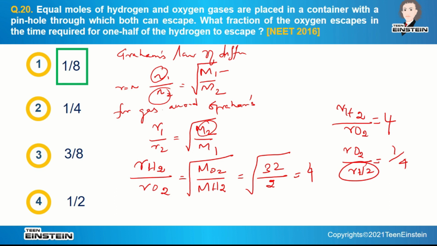So we write r of O2 divided by 0.5, which is equal to 1 by 4. So the fraction of oxygen that escapes while 1/2 of the hydrogen escapes is 1 by 8.